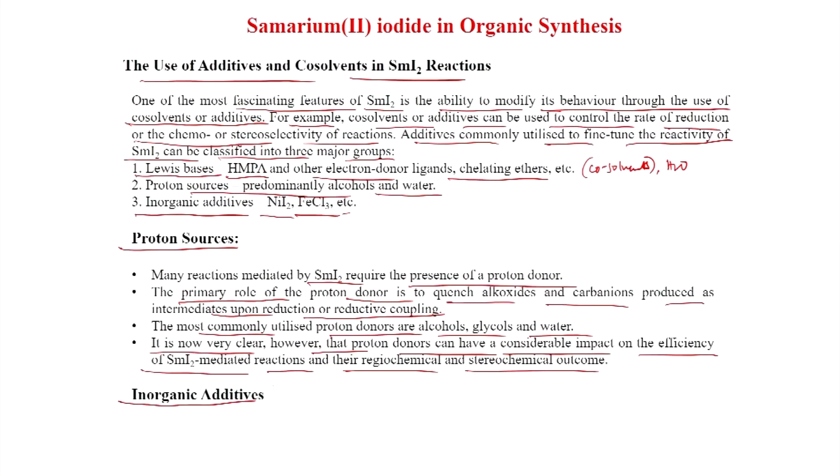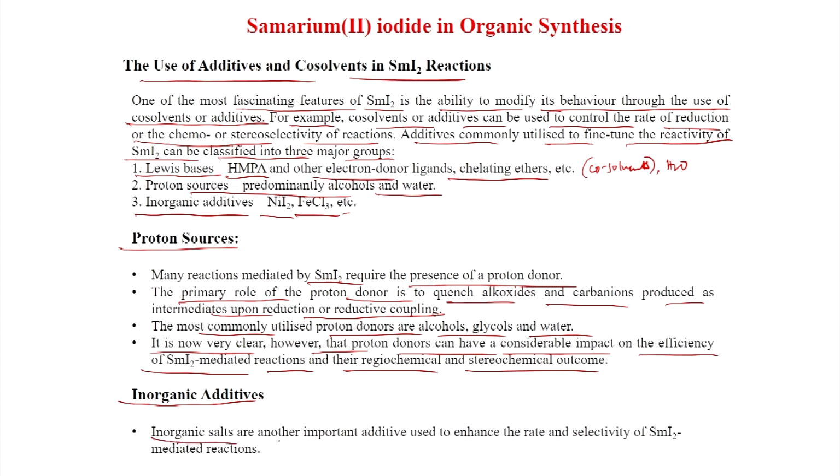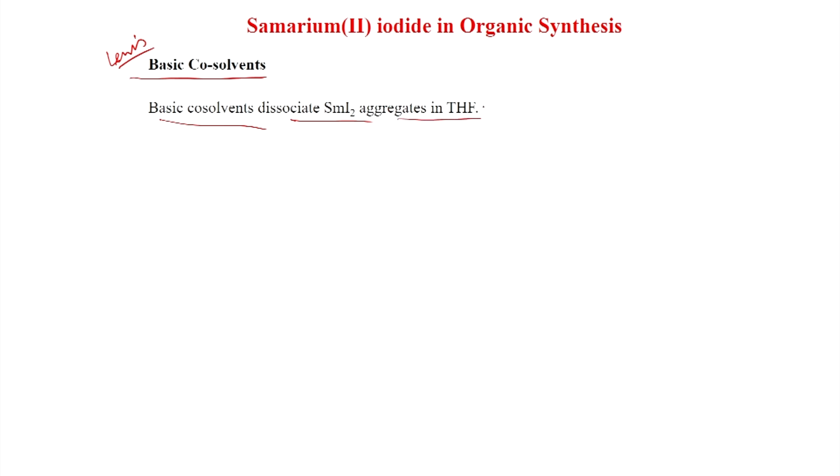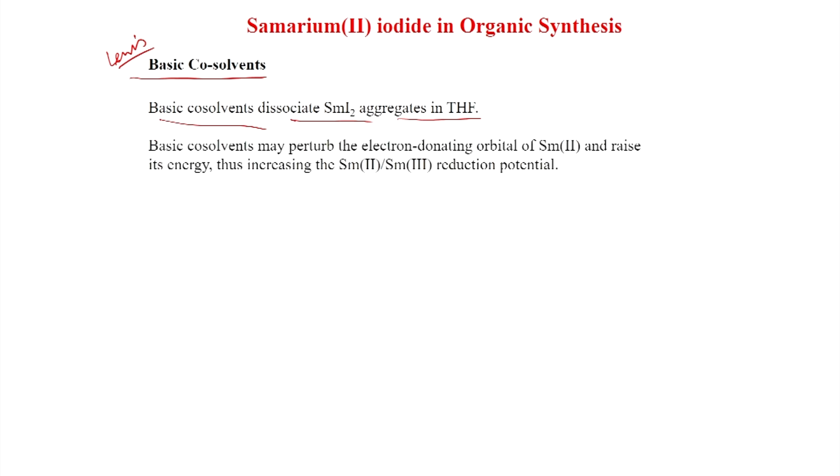Inorganic additives, inorganic salts are another important additive used to enhance the rate and selectivity of samarium iodide mediated reactions. And this is Lewis basic co-solvents. Basic co-solvents dissociate samarium iodide aggregates in THF. This is very important. The aggregates are dissociated by basic co-solvents.